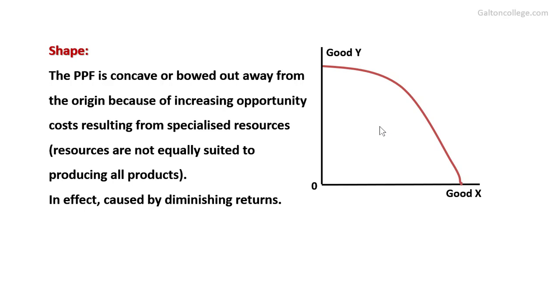And the reason is because of increasing opportunity costs resulting from specialized resources. And these specialized resources, when we use them up to a maximum, and eventually as we reach the capacity limits, they become more and more costly. And in effect, what we've got is diminishing returns.